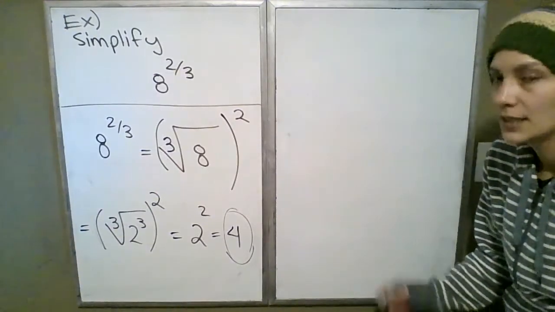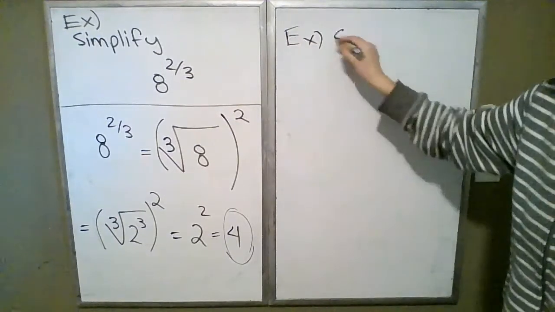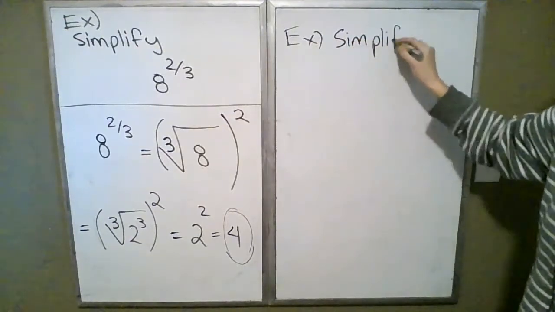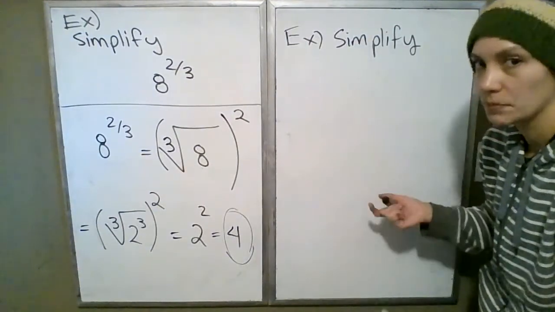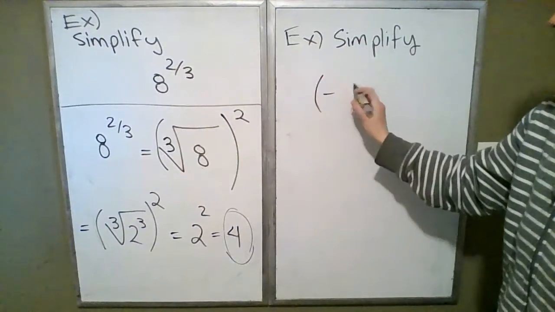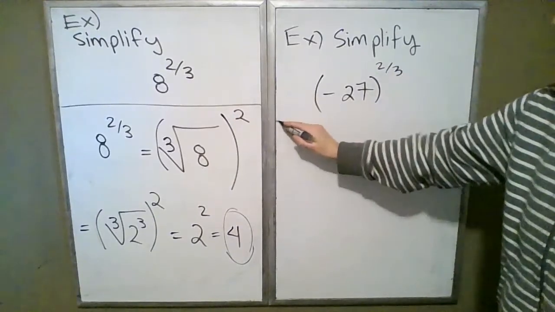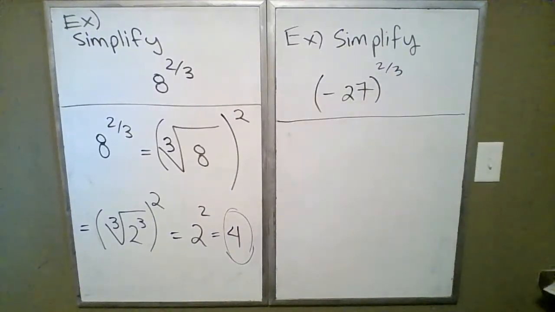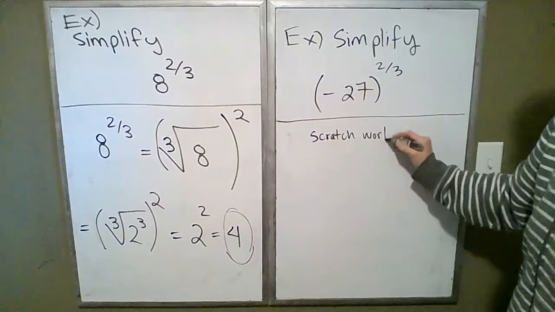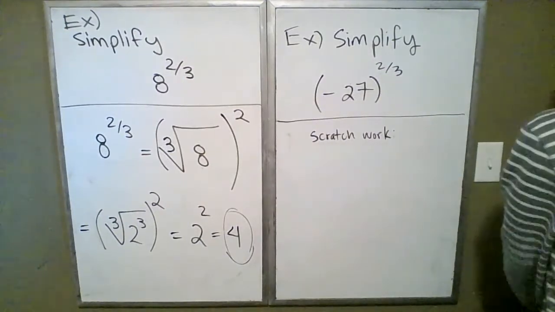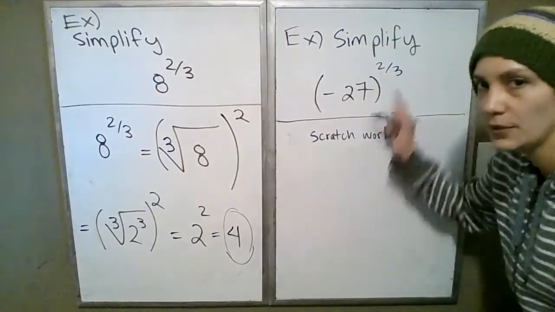We're going to simplify. All of these is going to start with simplify. It's negative 27 with the power of 2/3. Okay, let's start with rewriting that power.